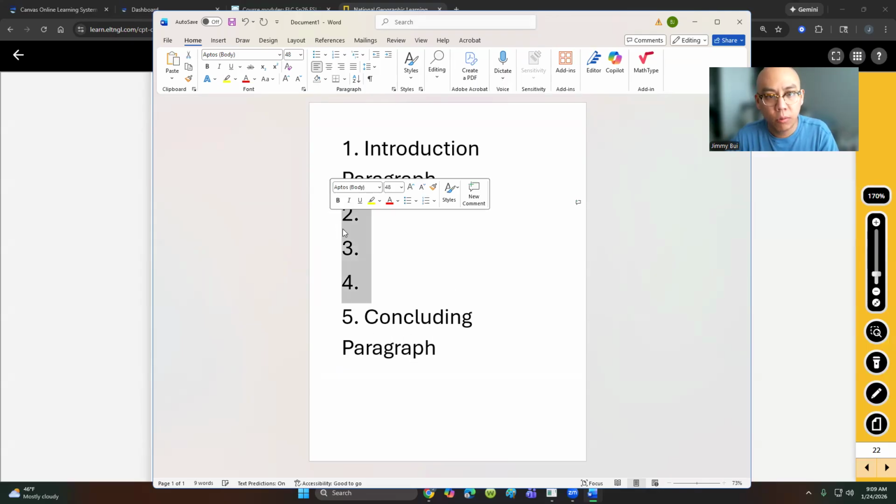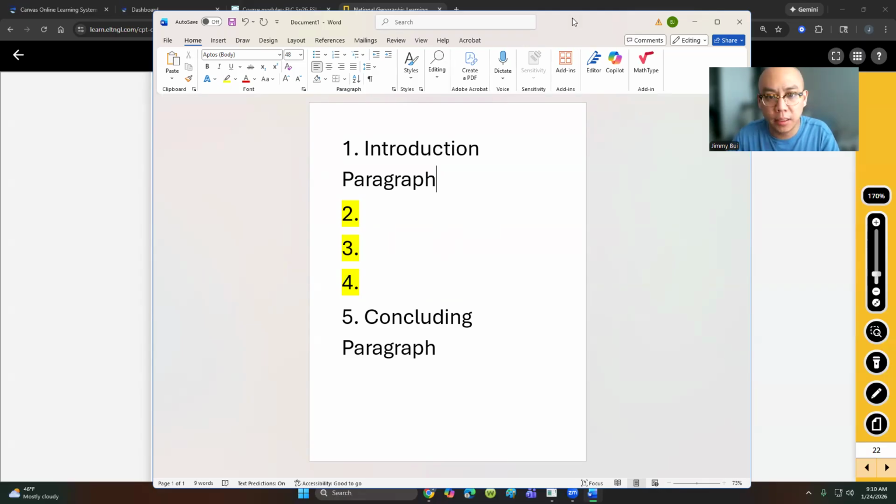Where we'll be focusing today are your second, third, and fourth paragraphs. Of course, when you're writing an essay, you don't write your paragraphs with numbers. This would just be an overview, or an outline rather, of what I'll be focusing on. In these three paragraphs, second, third, and fourth, each one will have its own main idea.